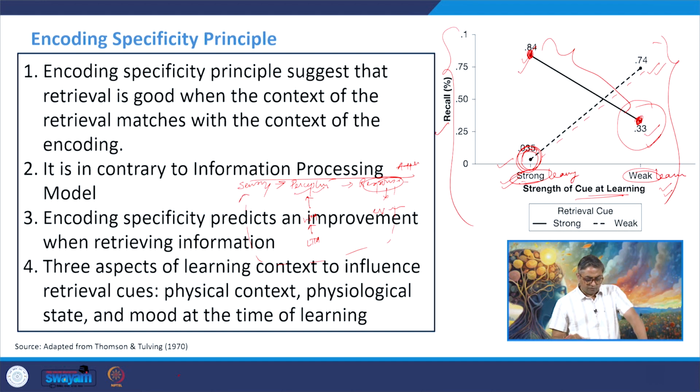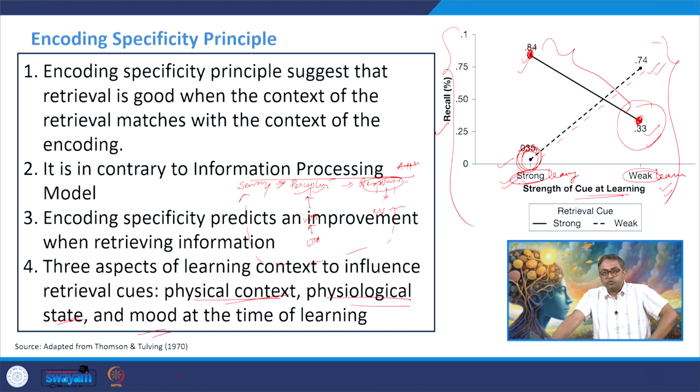Similarly, there are three aspects of learning context. One is physical in nature, the physical context. Another is the physiological context, the physiological state: at what physiological state are you? This is the same physiological state we talk about in the fight and flight condition. And then the mood: what is your mood at the time of learning?